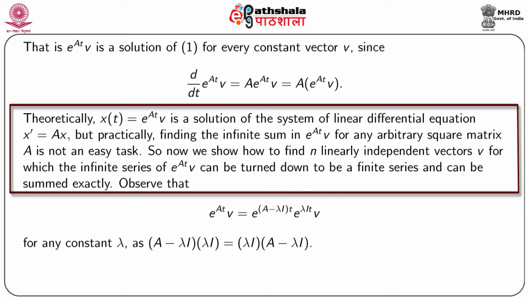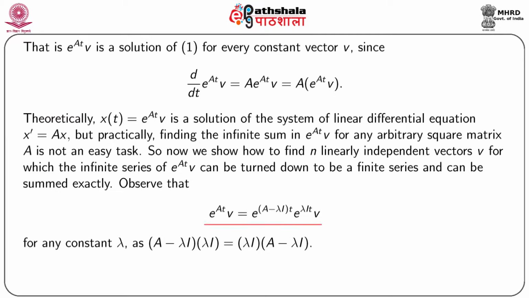Please observe that we can write e to the power At times v is equal to e to the power (A minus lambda I)t multiplied by e to the power lambda I t times v, such that e to the power lambda I t and e to the power minus lambda I t both of them cancel each other, and we will get e to the power At times v for any constant lambda, as (A minus lambda I) times lambda I is equal to lambda I times (A minus lambda I).